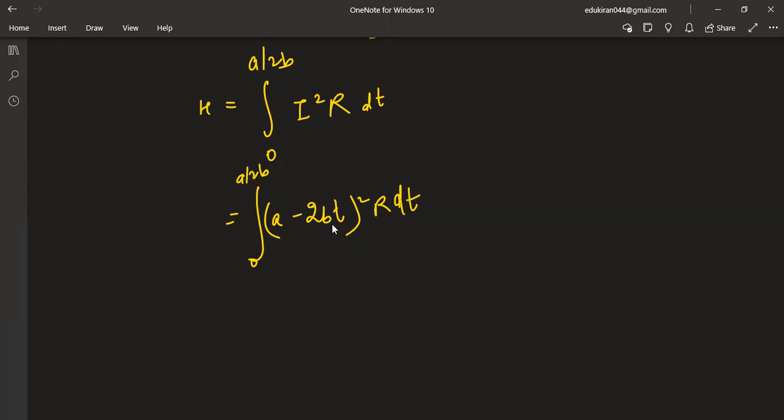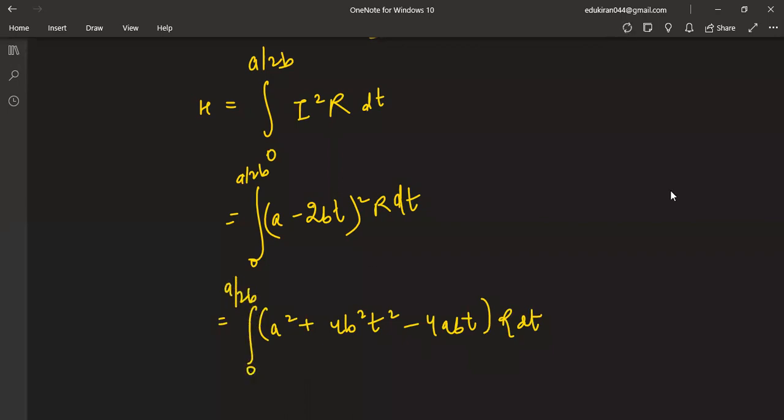So what we can do, we can open this A minus 2bt whole square using identity. So this is A square plus 4b square t square minus 4abt, R dt, integration from 0 to A by 2b.